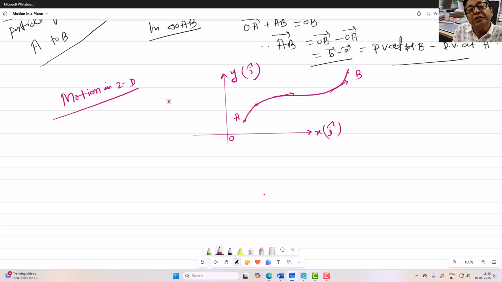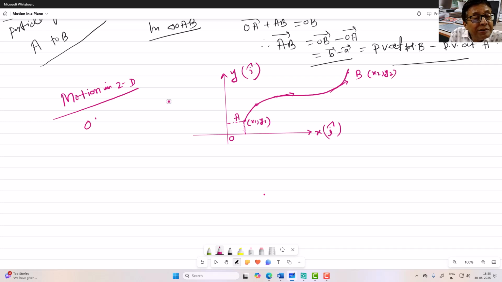Particle is situated at A, it means it has some position vector. It has some coordinate, better to say. This is x1, y1. And suppose the particle is at x2, y2.